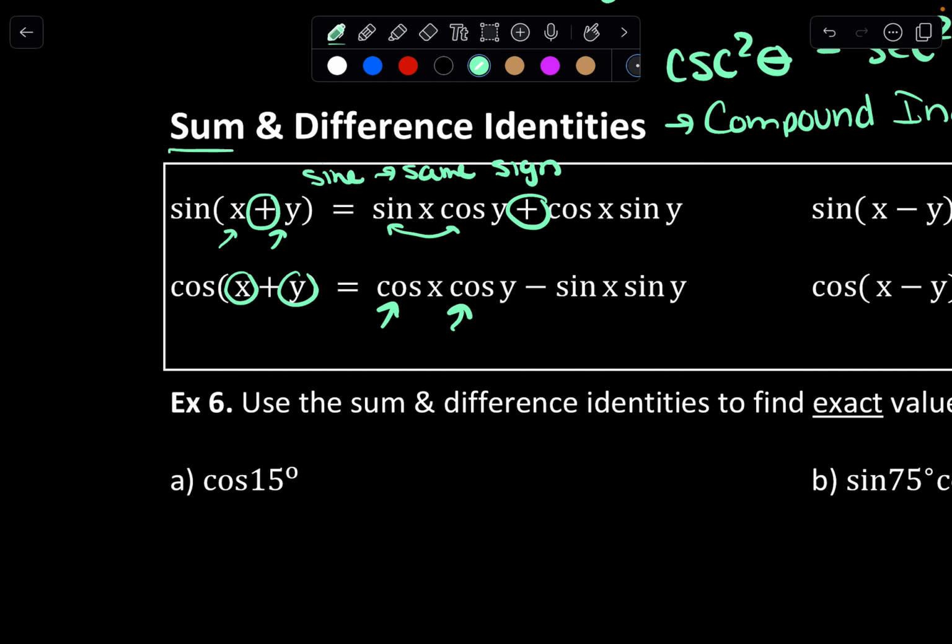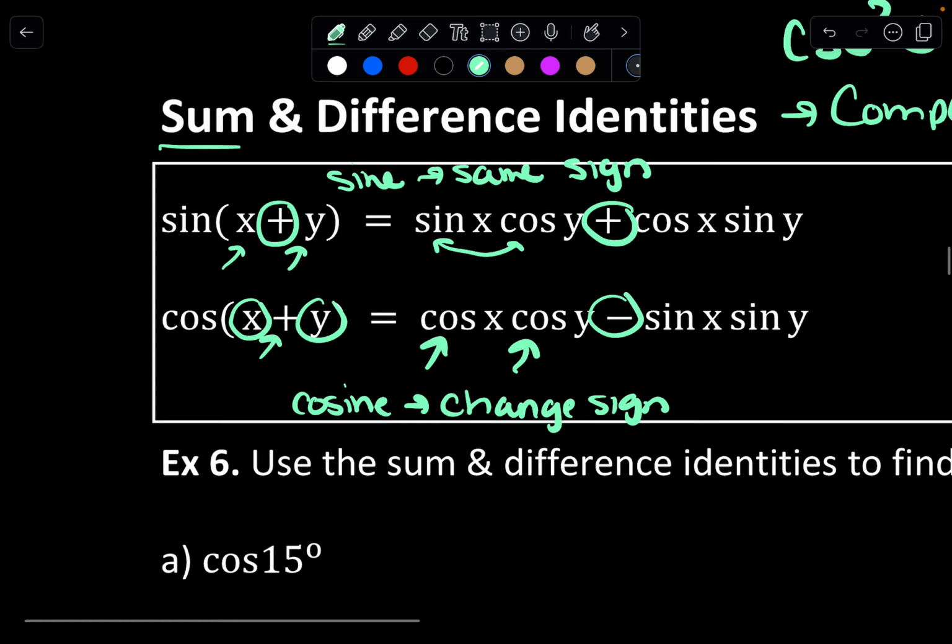All right, so cosine is paired with cosine, and then sine is paired with sine. Now for cosine, you will change the sign, all right? So change sign. I'm talking about the sum identity for cosine: you will be taking the difference in the expanded part, all right? I'm saying it like this because there's S for same and C for change, okay?